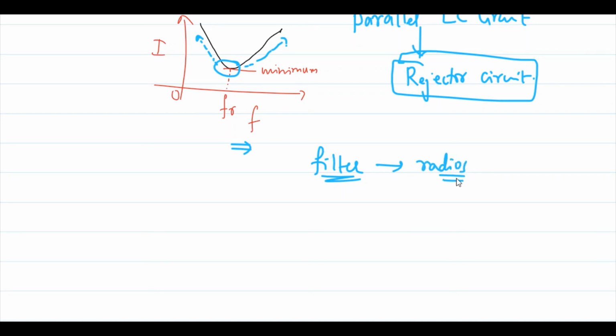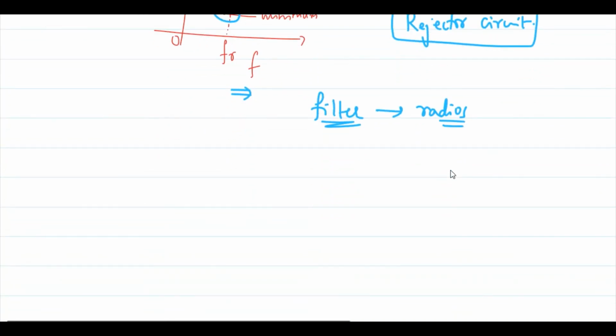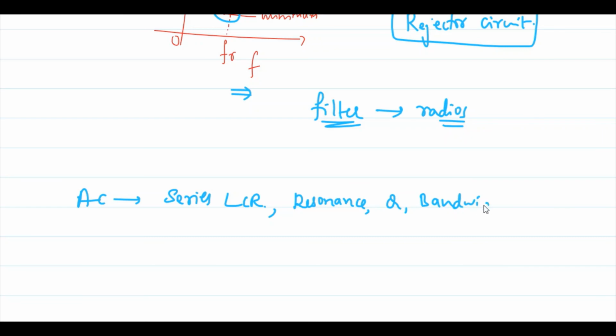Right? So these are the main applications of this parallel LC circuit. In this whole chapter we discussed what exactly AC circuits are, and in that we discussed series LCR circuits. Then we discussed the resonance condition, and the parameters linked with resonance, that is the quality factor, the bandwidth, and the voltage magnification.